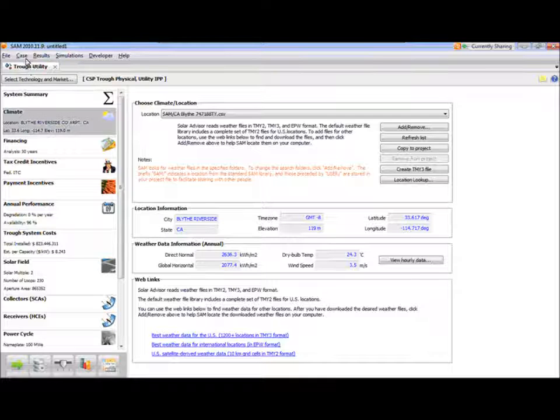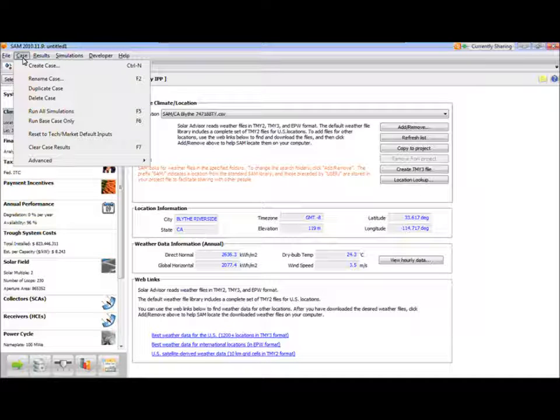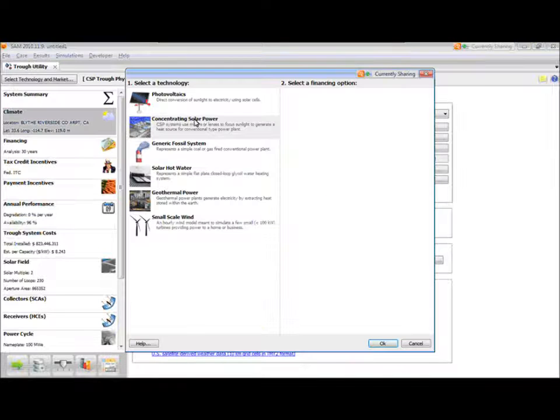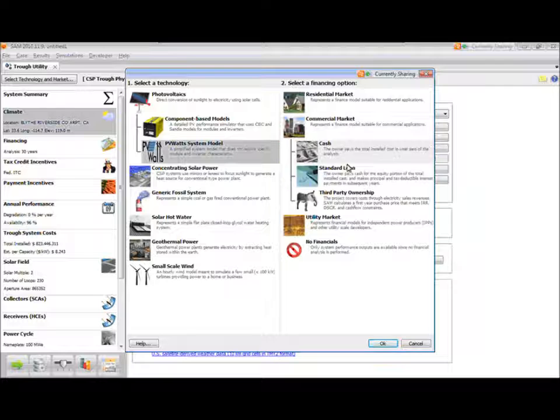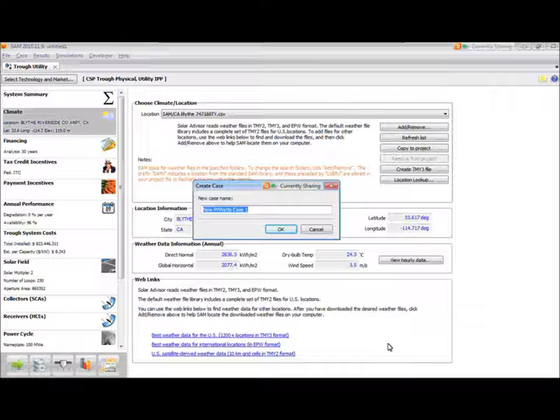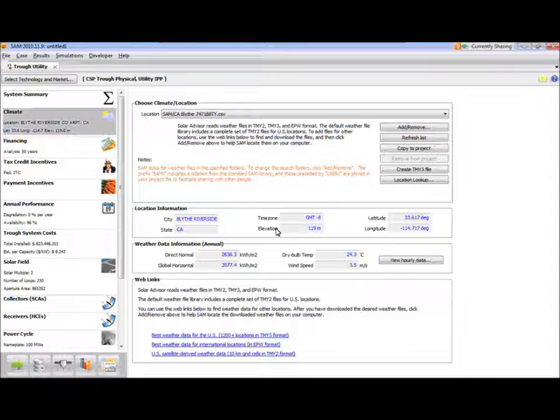I guess I should have kept the PV commercial case as an example. So let me just recreate that because I want to show you the difference between the commercial inputs and the utility inputs on the financing page. So now I have two cases in my project.